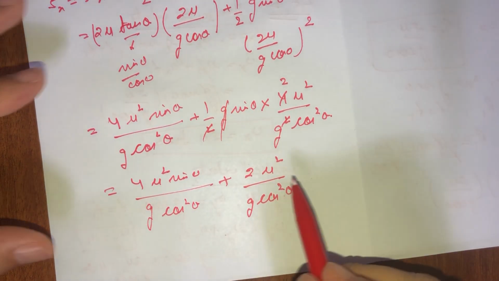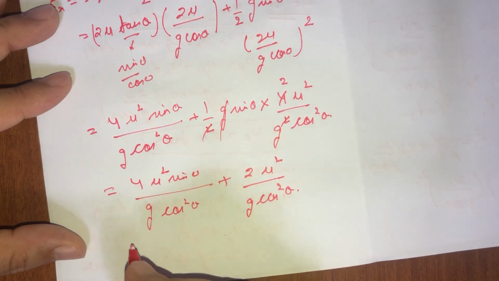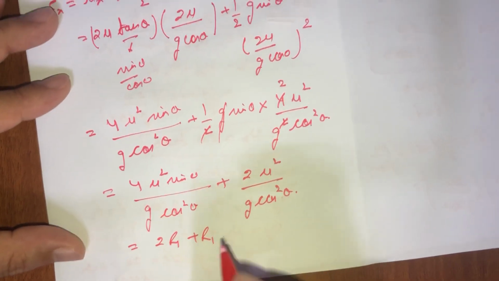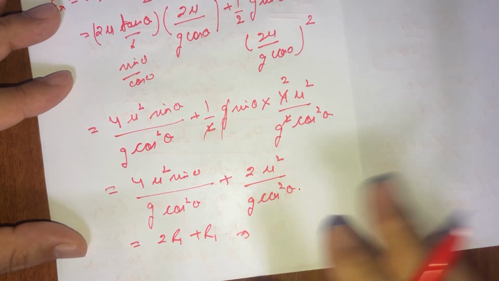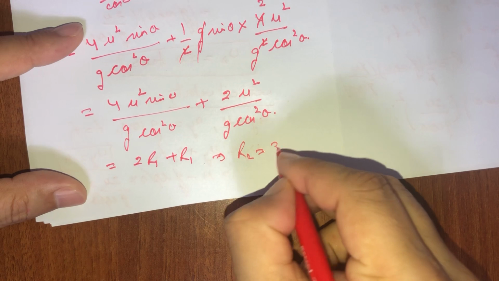We already found that r1 is 2u square sin theta over g cos square theta, so we can write this as 2r1 plus r1. So we can say that r2 is equal to 3r1.